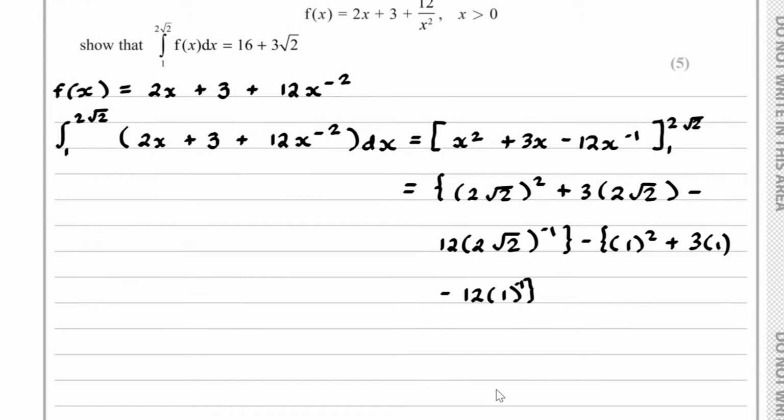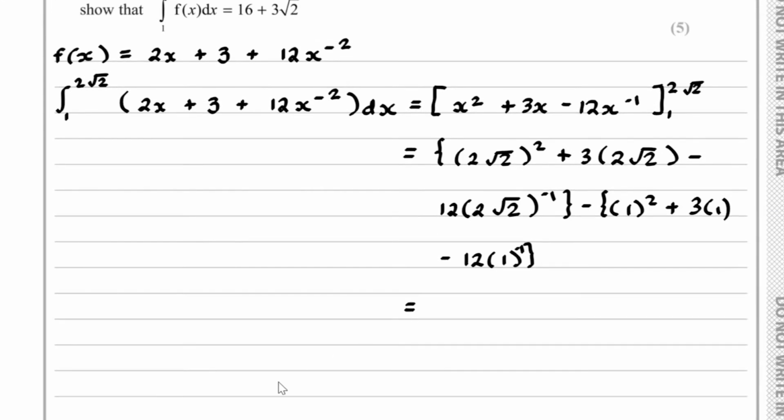And so if I work all of this out, 2 root 2 all squared, that's just 8. And then we've got 3 lots of 2 root 2, so that's 6 root 2. And then we subtract minus 12 lots of 2 root 2 to the power of minus 1.